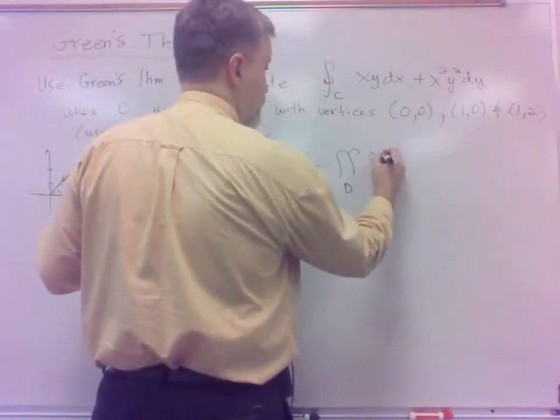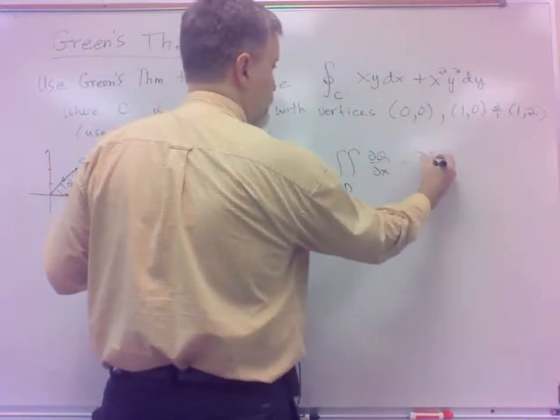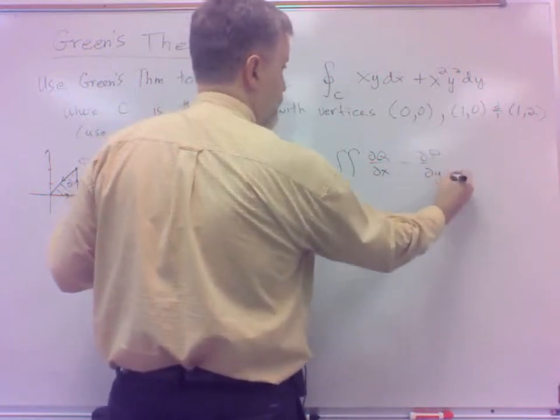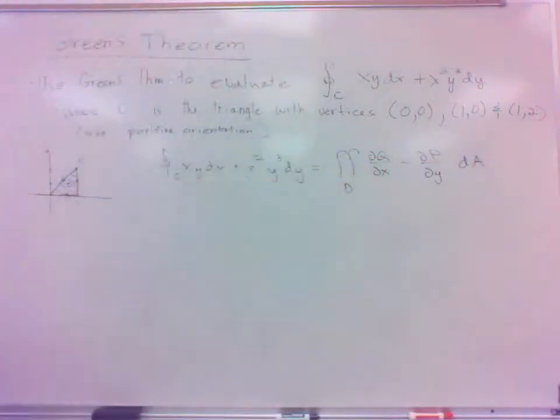What is it? Partial of Q with respect to x minus the partial of P with respect to y dA. And so all we need to figure out here is how do we describe our region D, right?